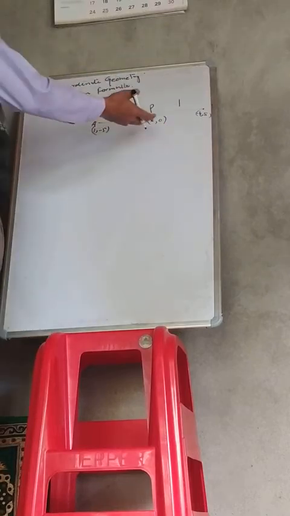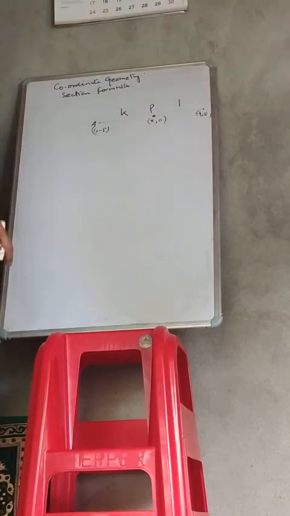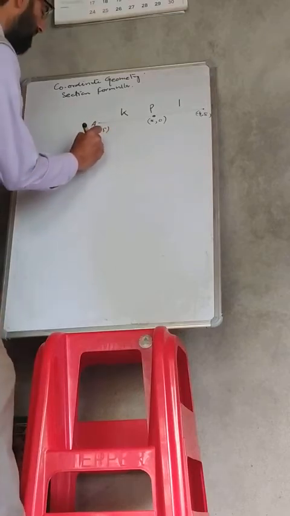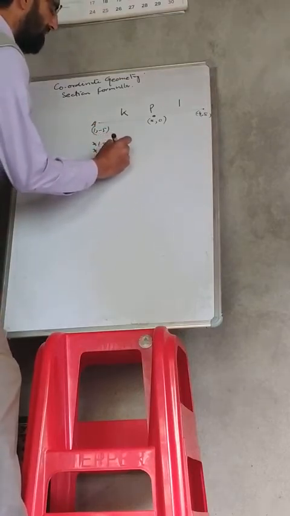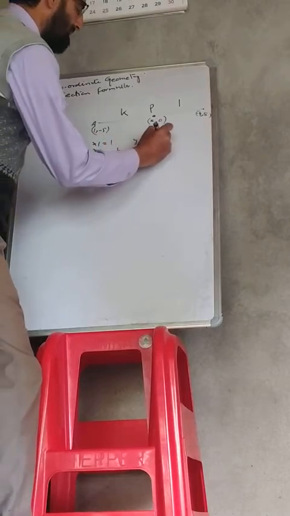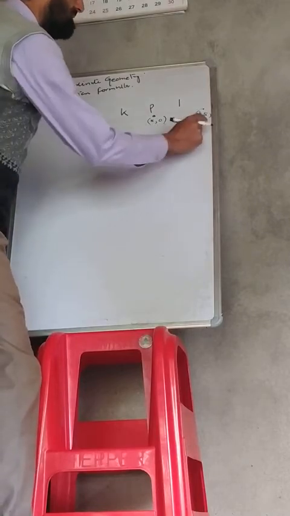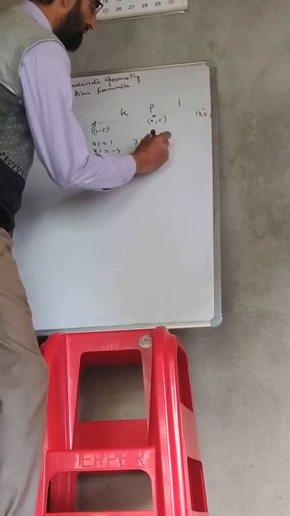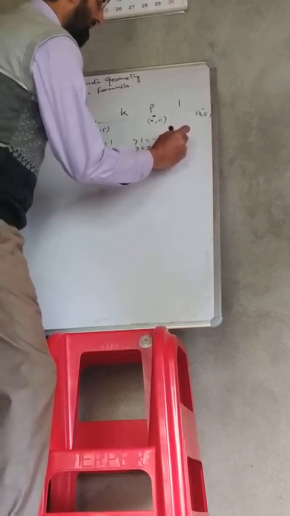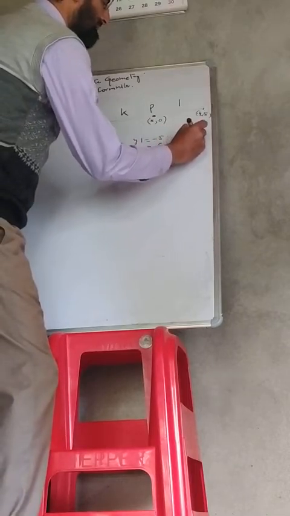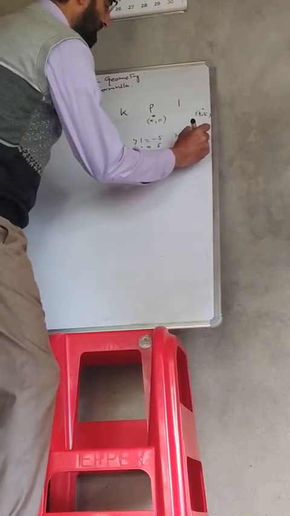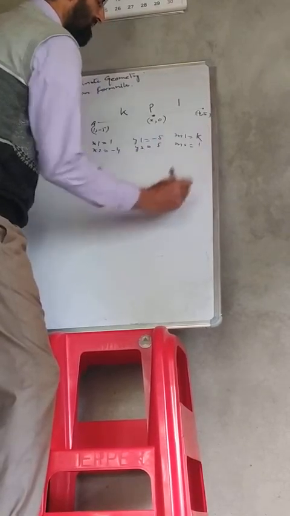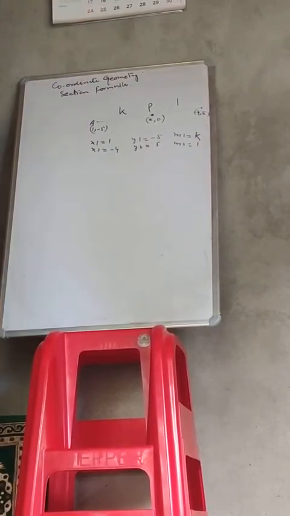Now simply, here again x1 is equivalent to 1 and x2 is equivalent to minus 4, y1 is equivalent to minus 5, and y2 is 5, and m1 is k and m2 is 1 by virtue of our supposition.